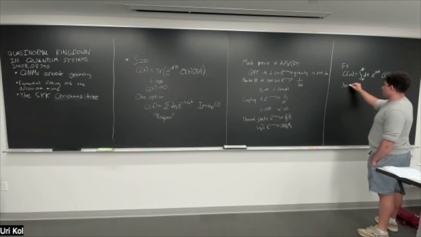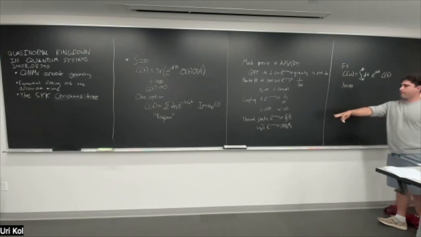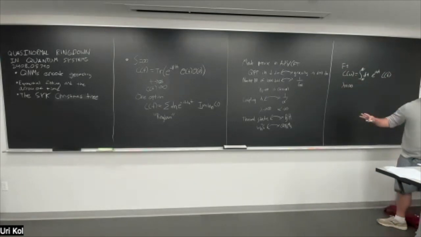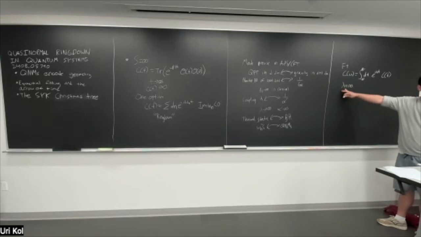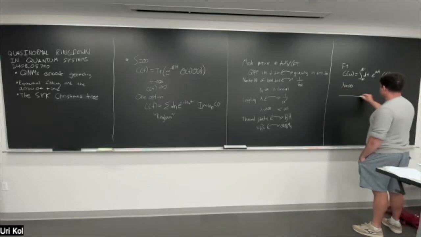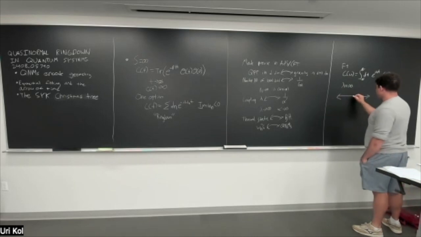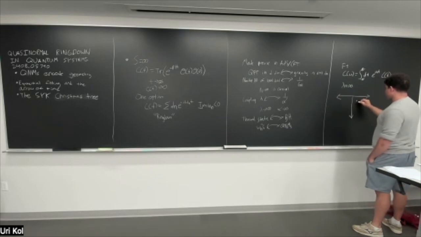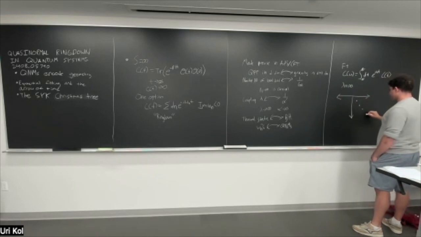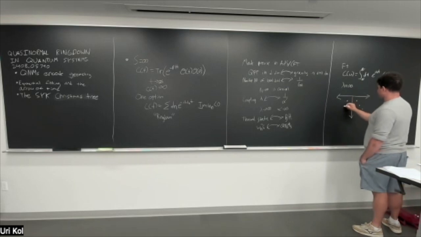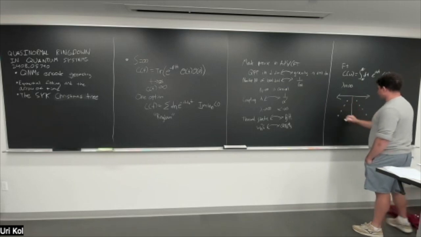And I'll start with lambda equals infinity. So this is the limit where we don't have string theory. It's the strong coupling limit on the boundary. And here's the answer. So we have these quasi-normal modes, and they're discrete, like this. And they form a tree-like structure.